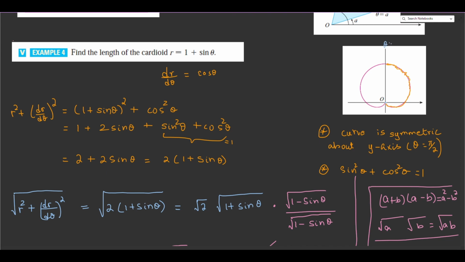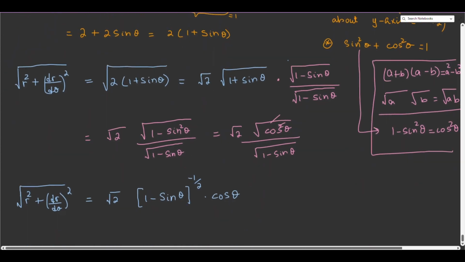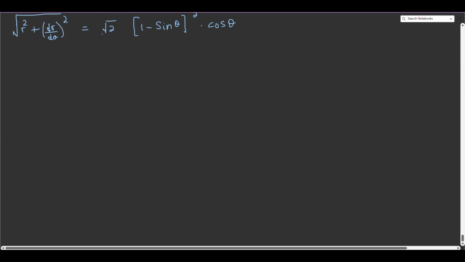So here at the top theta equals pi by 2, and here theta equals minus pi by 2, and we are going from minus pi by 2 to pi by 2. So these are the limits of integration.